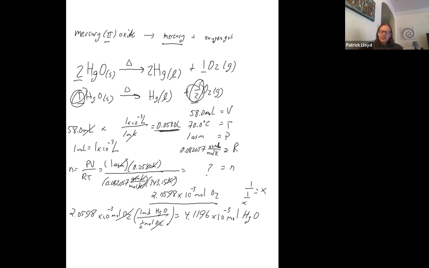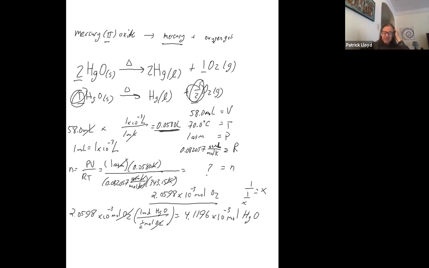And then now you have to look up... lead is 200.6, that's the molar mass of lead, but I don't happen to recall what the molar mass of mercury is. So look it up. Molar mass mercury. So the molar mass of mercury is 200.59.